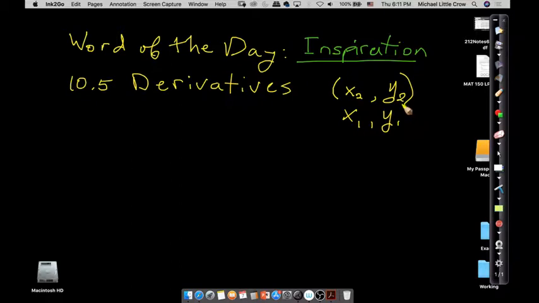We label them this way because x1 is just the first x value, and y1 is the first y value. And they're just arbitrary, those little subscripts, these little 1s and 2s. I could call them either way. So it doesn't matter really which one I put on top or which one I put on bottom.